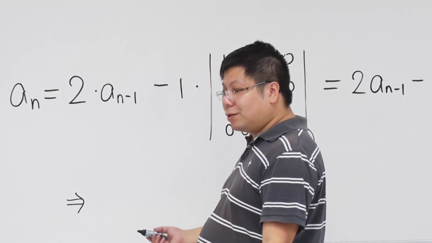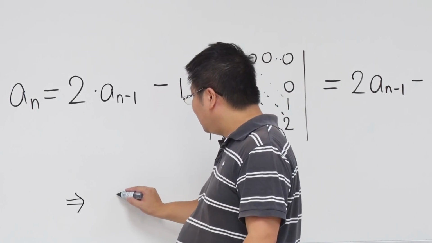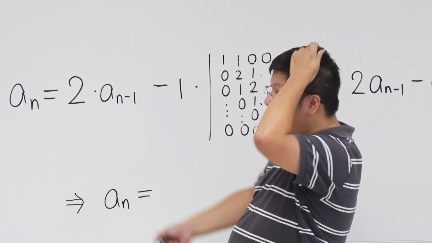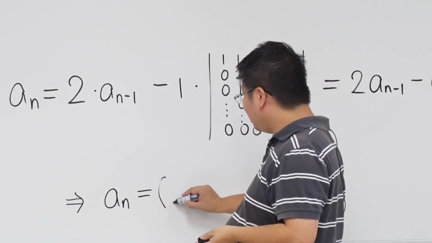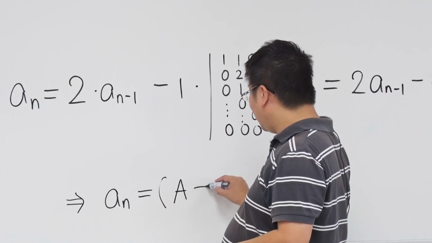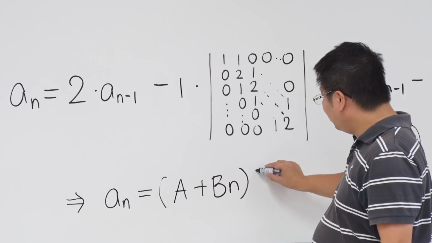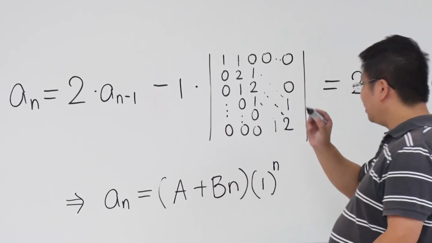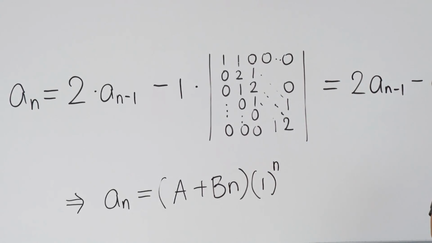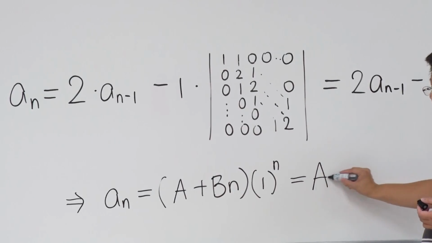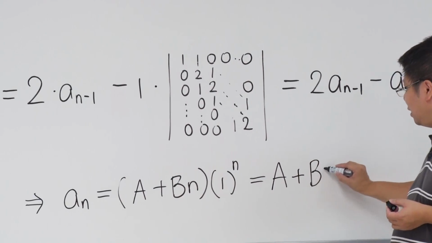So the total solution will look like, using our method, A_n equals A plus Bn times the root to the power n. Is that okay? So it is going to be A plus Bn.